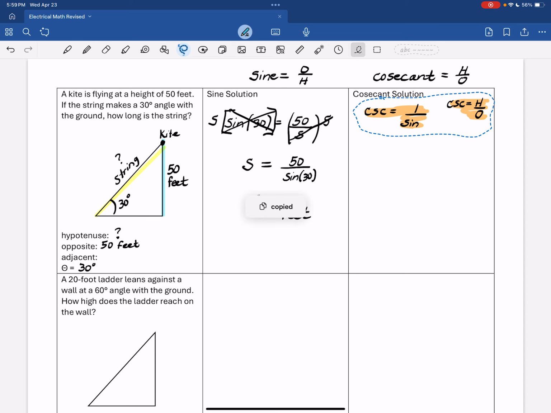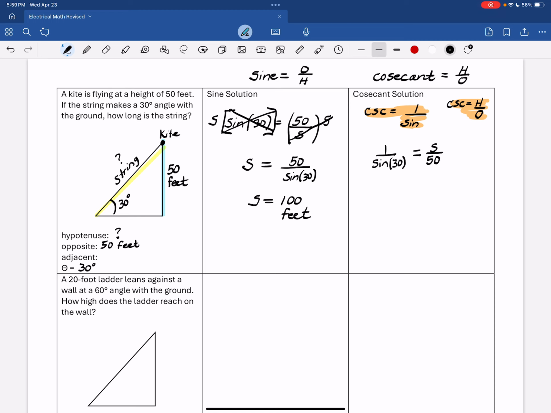So that's why we're spending the time on this, just so that you get to be familiar with these two processes. So I know that 1 over the sine, and in this case our theta is 30, is going to be equal to H over O. And H we don't know, we're calling that the string, but O is 50.